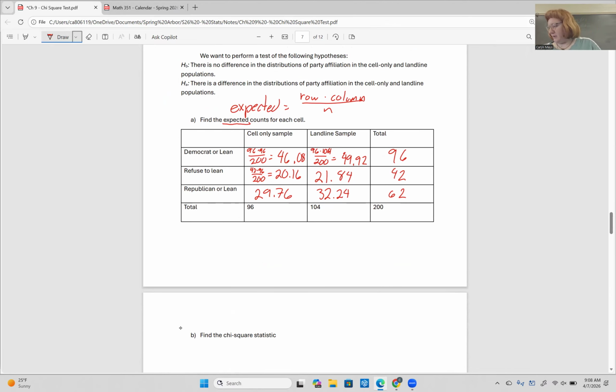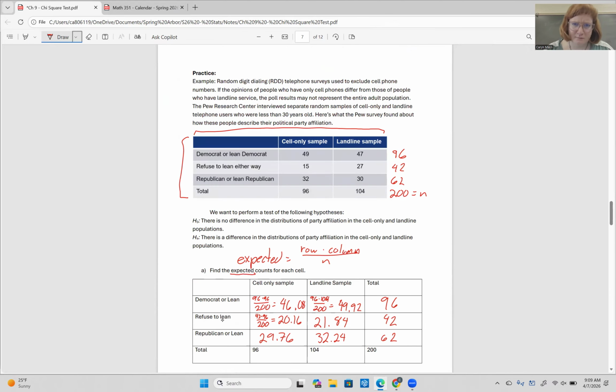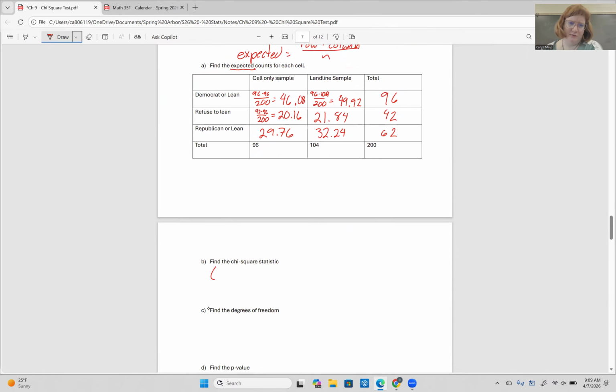For just the Democrat cell, we would do 49 minus 46.08, squared, over 46.08.